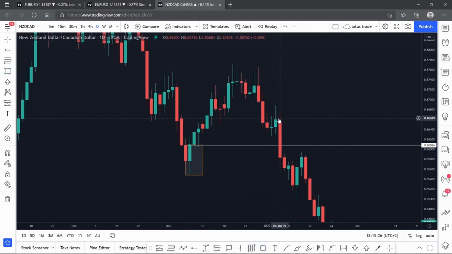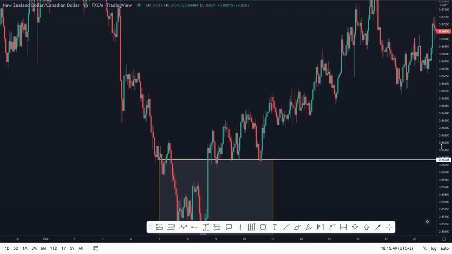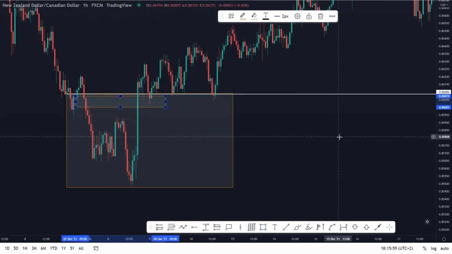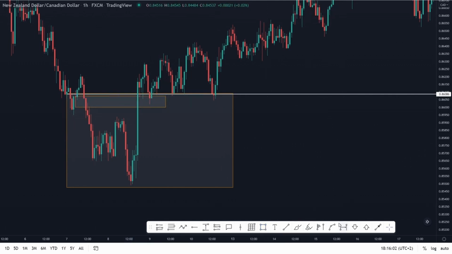So in lower time frame, we will look to buy from here. As you can see, we have to find a zone inside this zone. We will start from this side. We can see that we have our filled zone from here to here, and we also have this change in market structure over here.